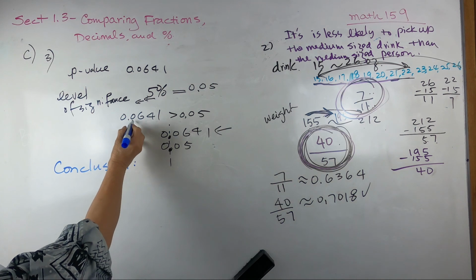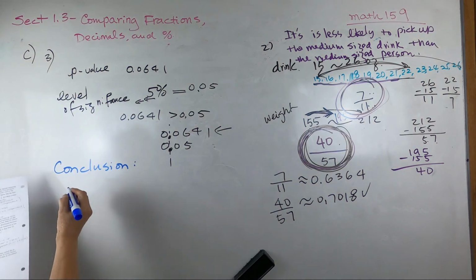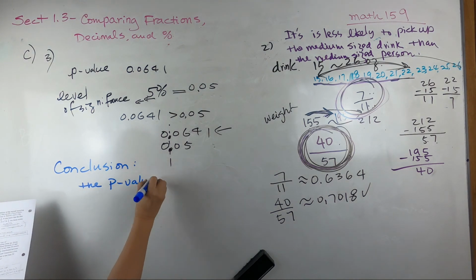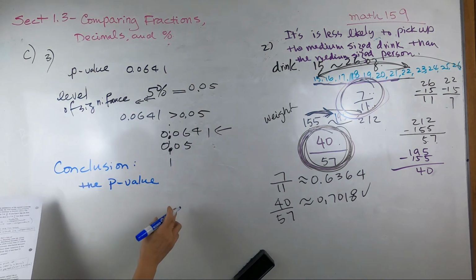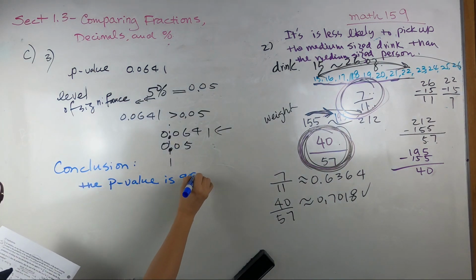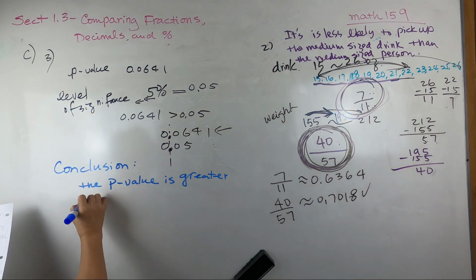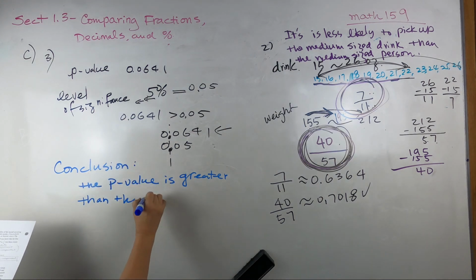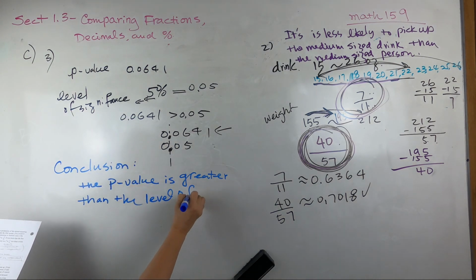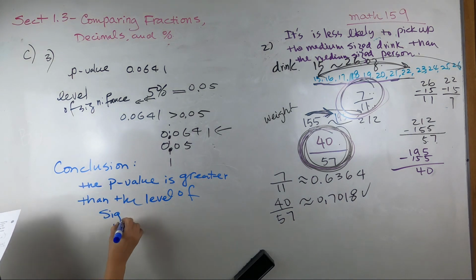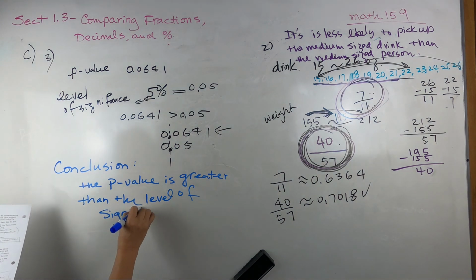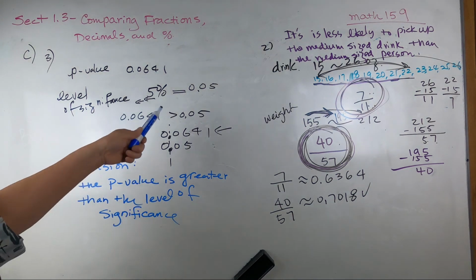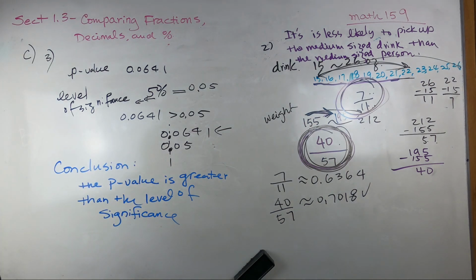So 0.0641 is for the p-value. So you will say the p-value 0.0641 is greater than the 0.05, which is the level of significance. That's what it is. But for comparison, you should be able to do it.